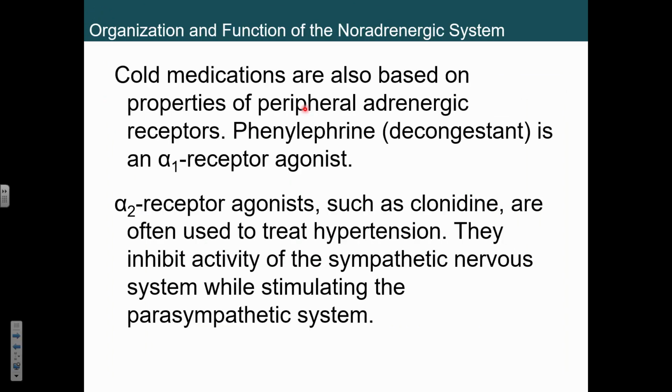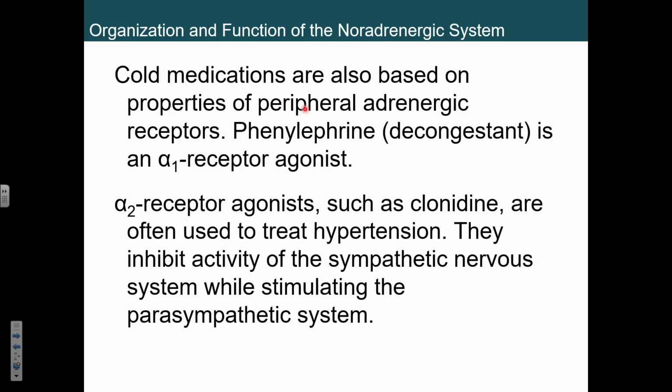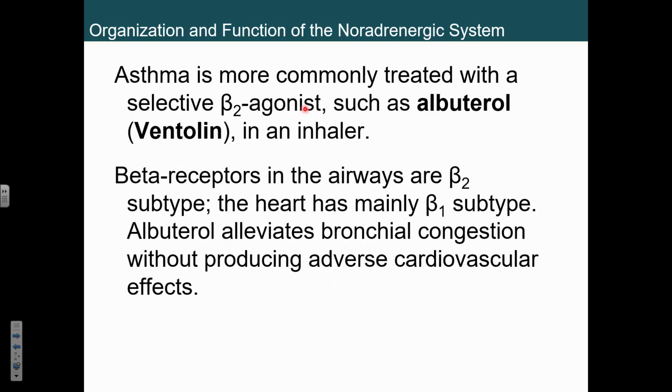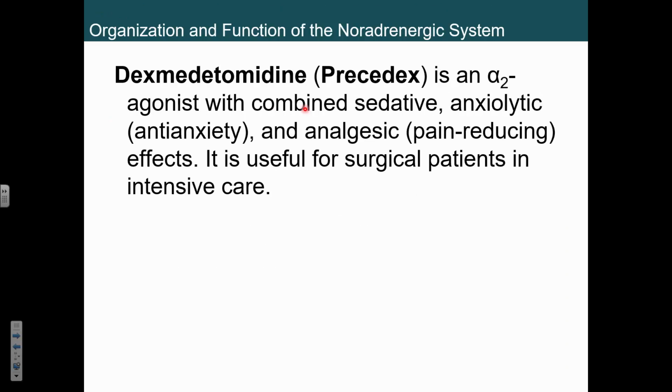They do use it for asthma. I don't think you guys really care about asthma or decongestants, right? Well, you can take albuterol. There you go. Have fun with that. There are drugs that treat hypertension. Again, you can see those peripheral effects, things that I don't think you're going to be dealing with.